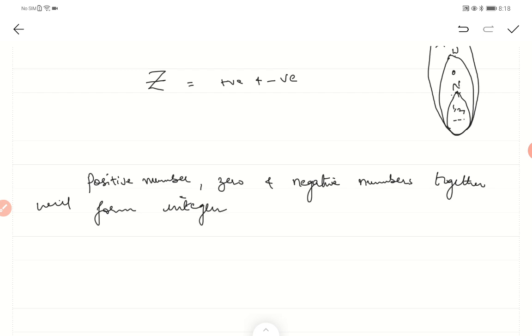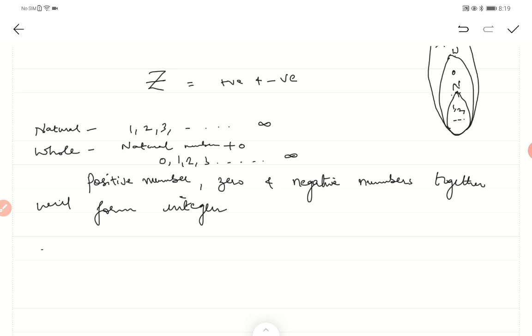Natural numbers will start from 1, then you have 2, 3, till infinity. Whereas whole numbers are natural numbers plus 0, isn't it? So that means it will start from 0 and end at infinity.